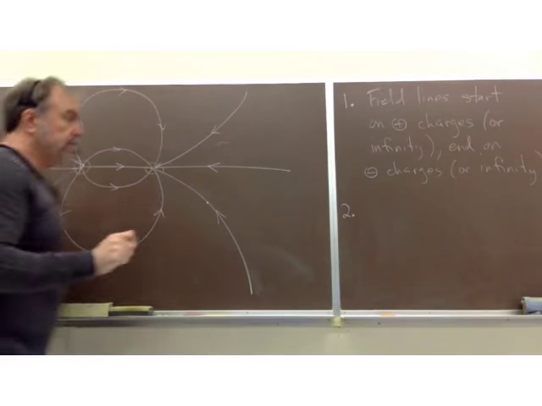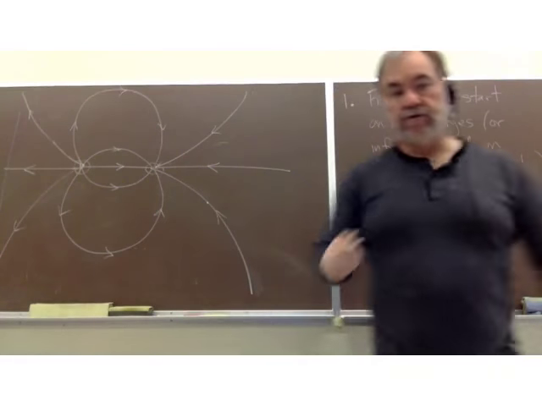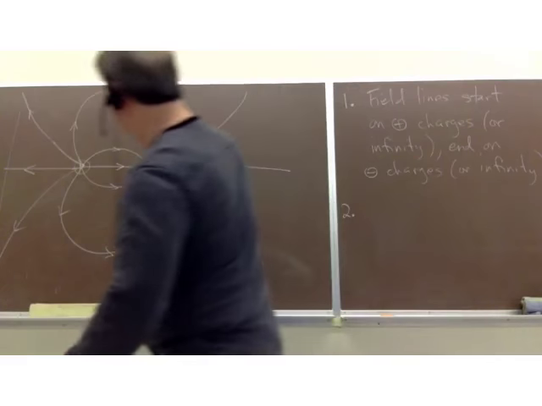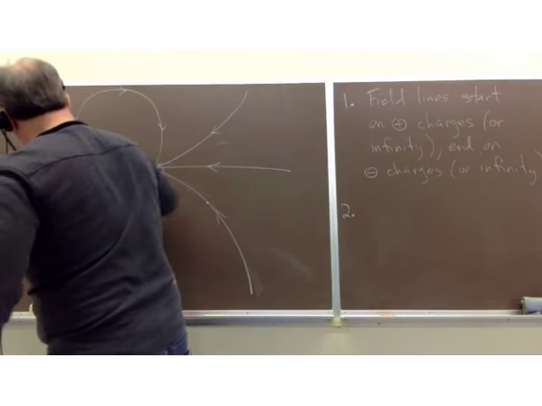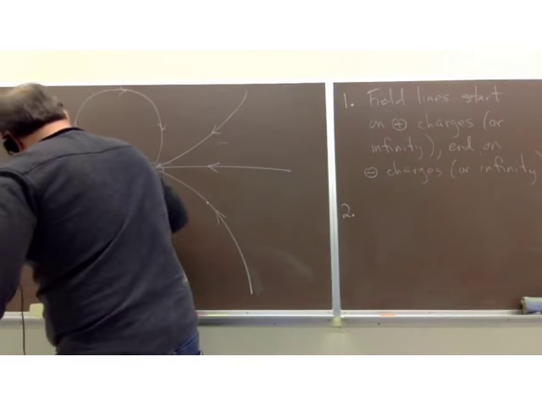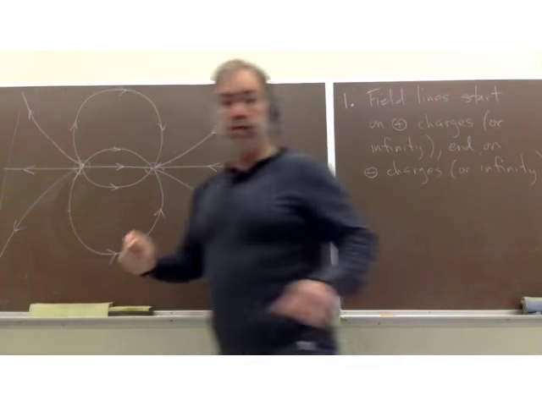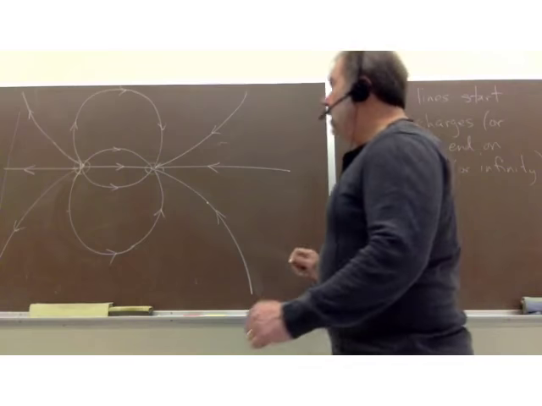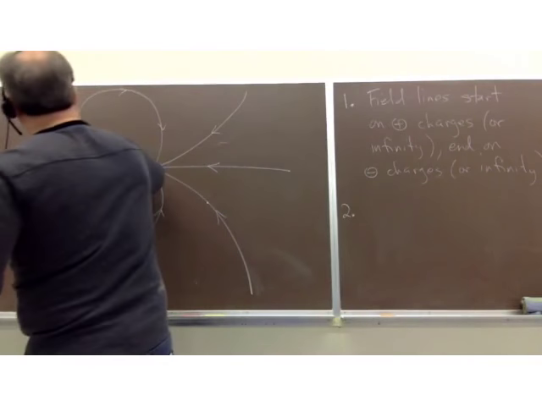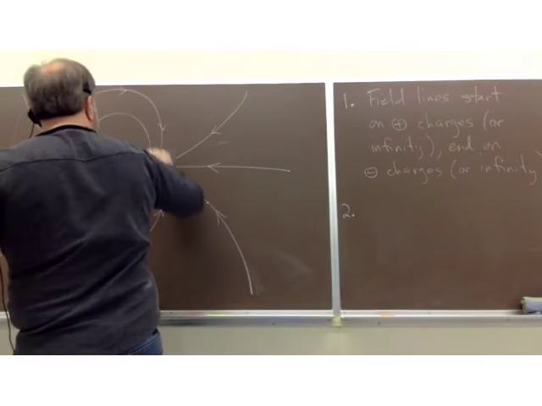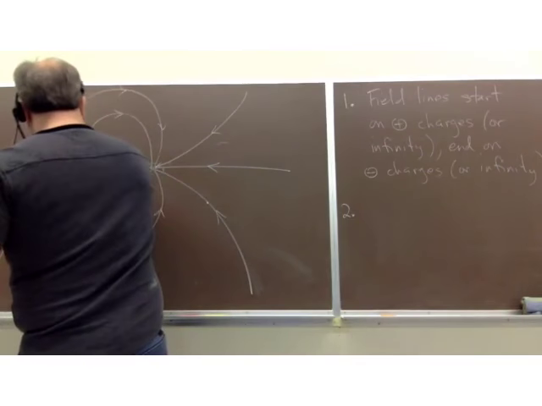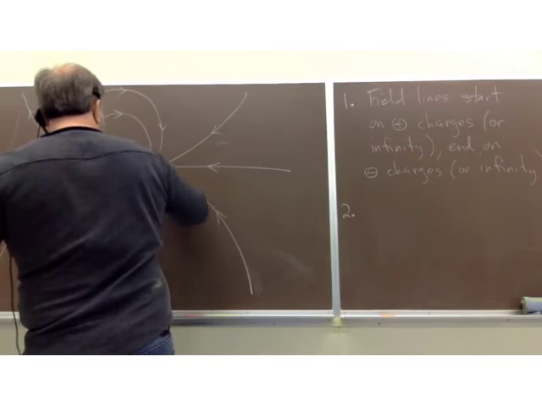And always, always put in the direction indicator arrows. This is a little asymmetric. For this charge distribution, the field lines should be symmetric. So, yeah, it's a little better. And when do you stop drawing field lines?